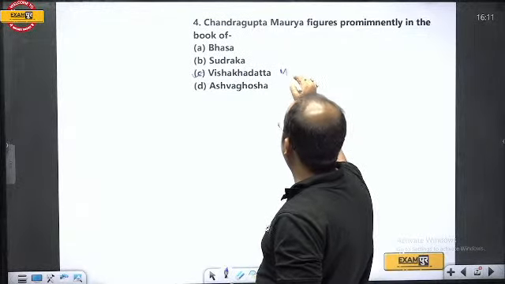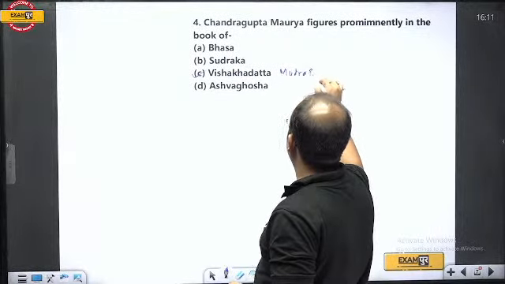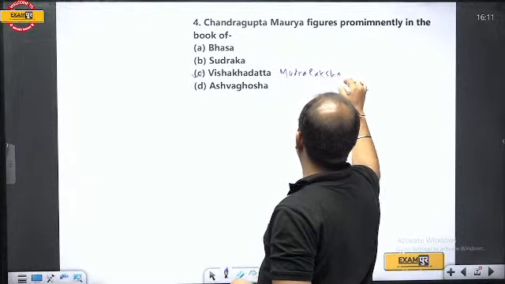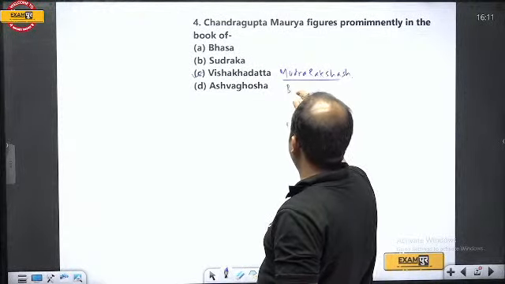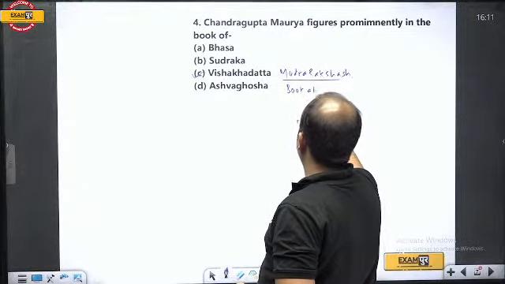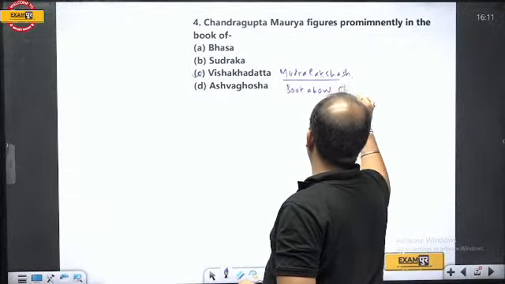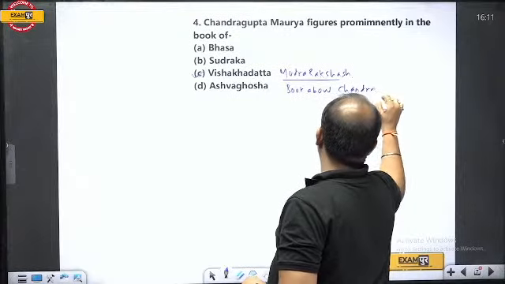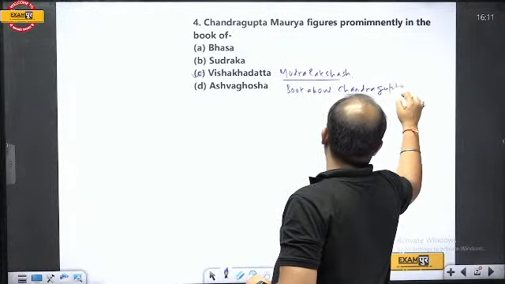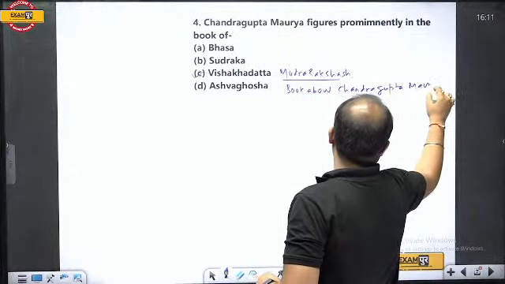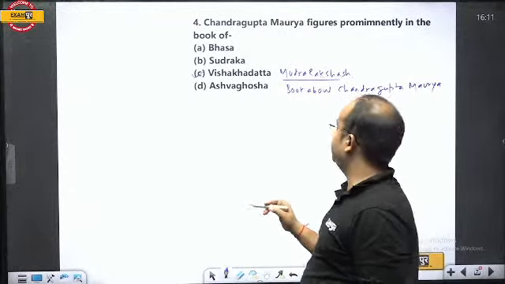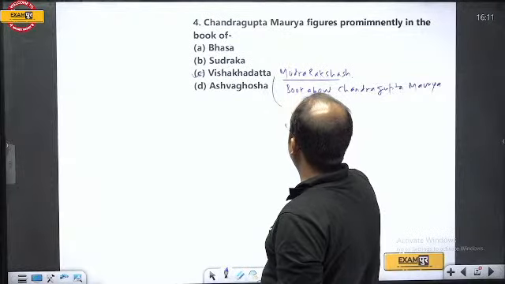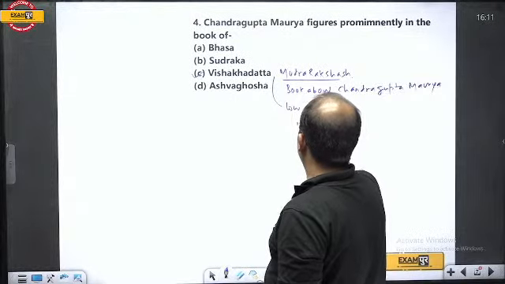Vishakhadat wrote Mudra Rakshas, and this is the book about Chandragupta Maurya, in which he directly wrote that Chandragupta Maurya was a low clan person.